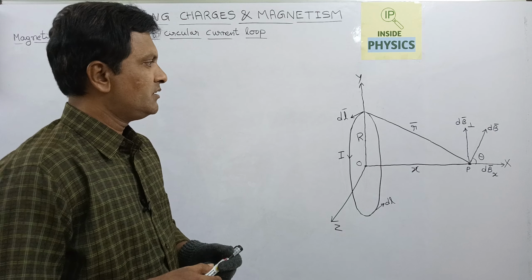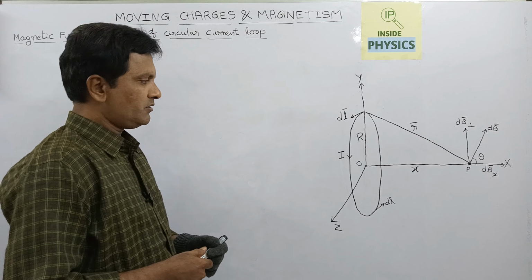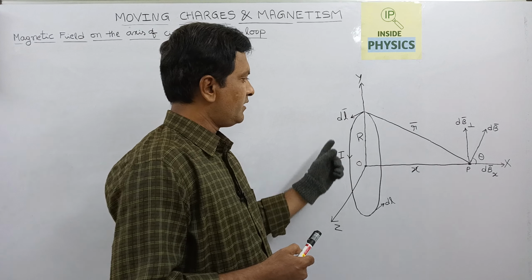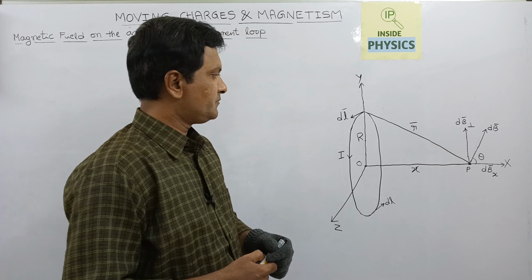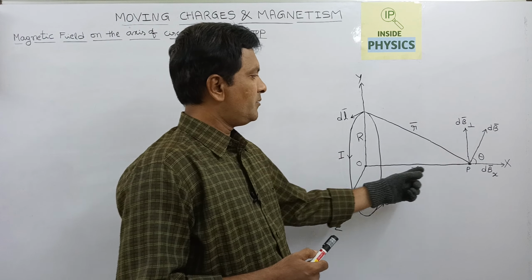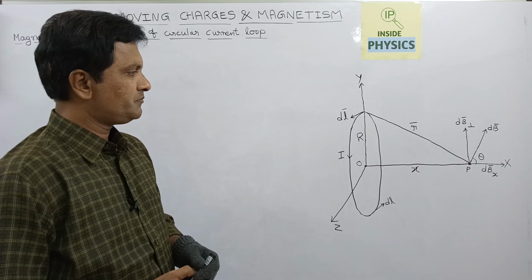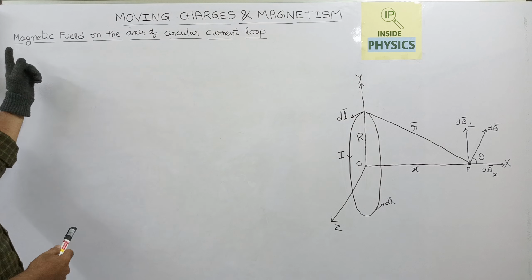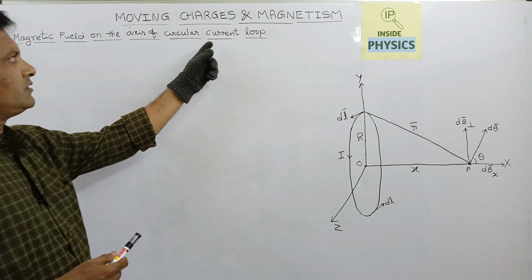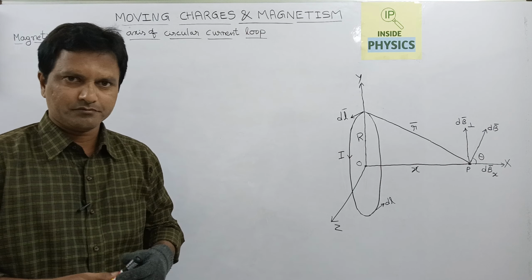In this class, using the Biot-Savart law, we want to calculate the magnetic field on the axial point of the current carrying circular loop. Magnetic field on the axis of a circular current loop.